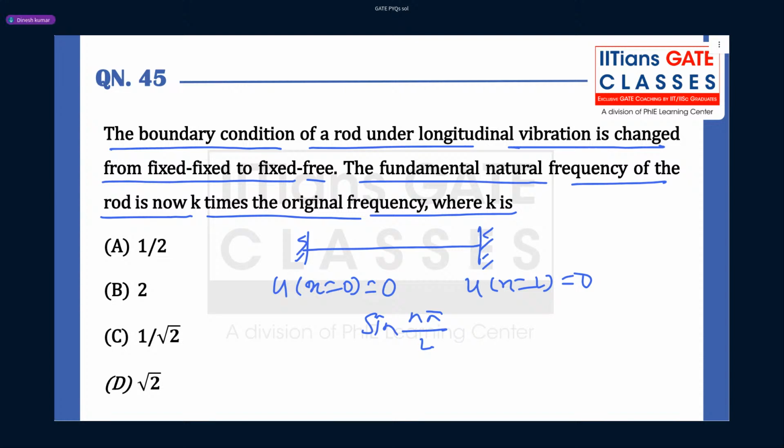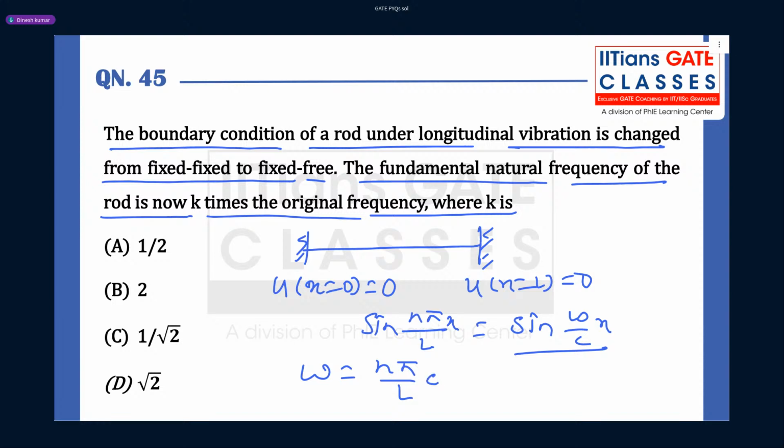Sine n pi by L x. And this is nothing but sine omega by c into x. This is the mode. So what will be your natural frequency omega? It is n pi by L into c.